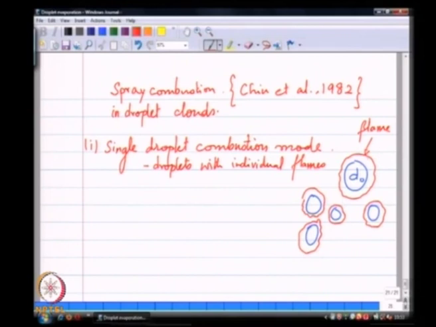Now, the position away from the droplet at which this flame is stabilized is given by the point where the mixture ratio between the fuel vapor concentration and the air concentration is appropriate. So, for example, very close to the droplet I may have a very high concentration of fuel vapor, especially if I have a very volatile fuel, and very far away I may not have enough vapor diffused to create a zone which is ready for combustion.